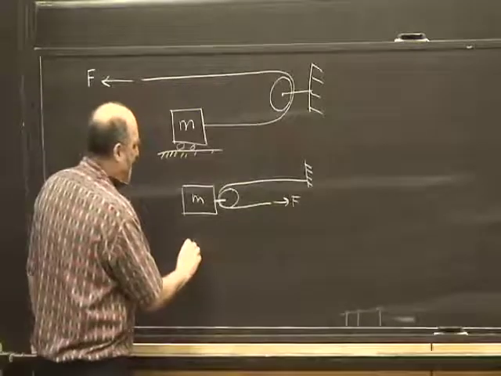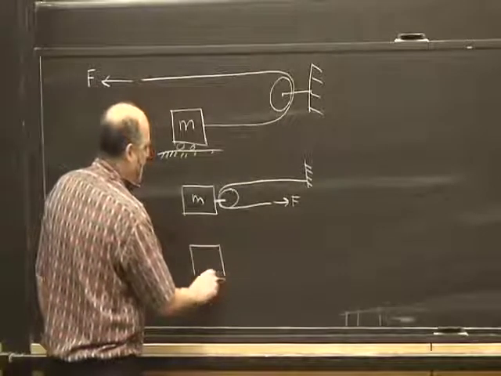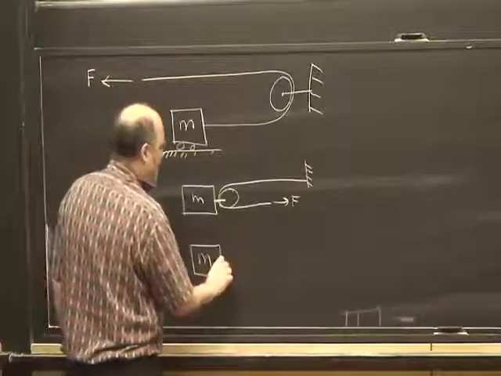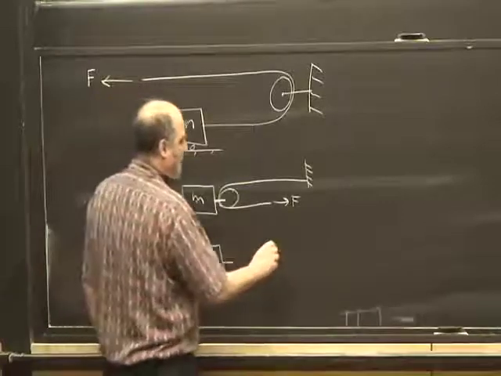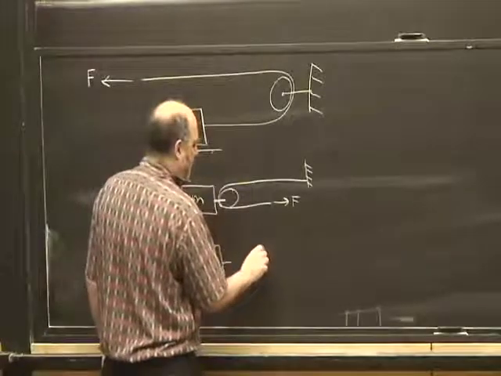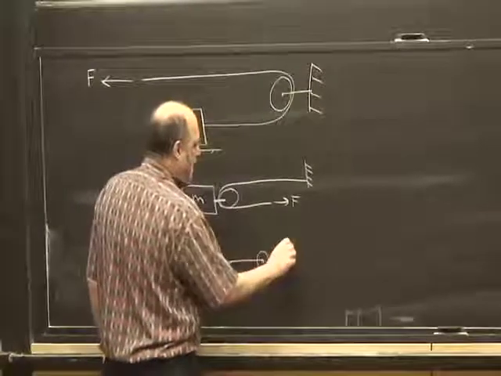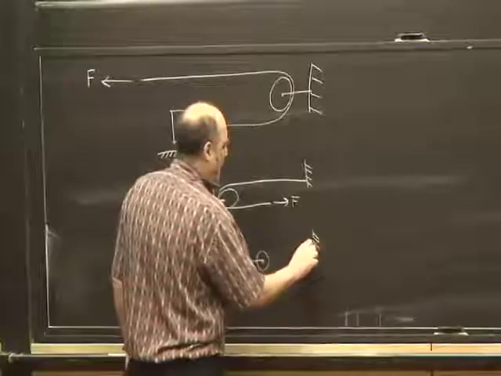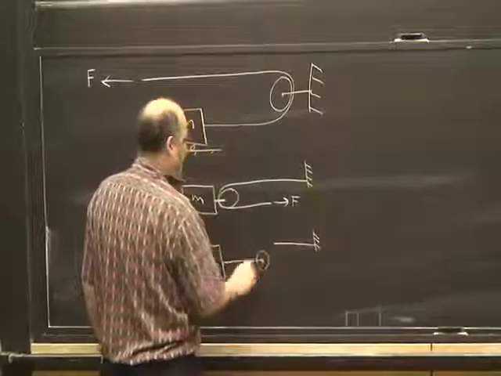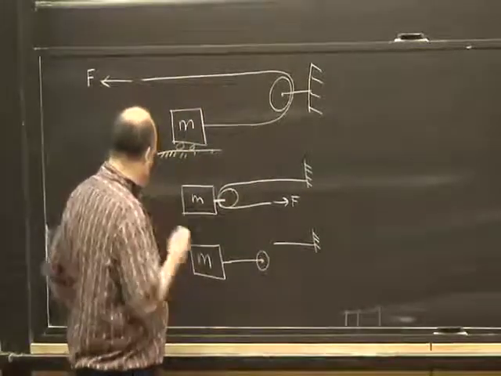But there are other ways still to pull things with pulleys. I can go like this. And then I can put a pulley over here. I can attach this to the pulley here. I can attach this to the wall here. I can wrap, oops, that looks like the same one again. That's not what I intended to do.